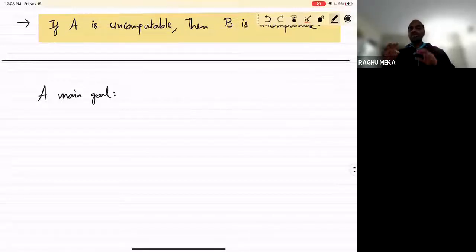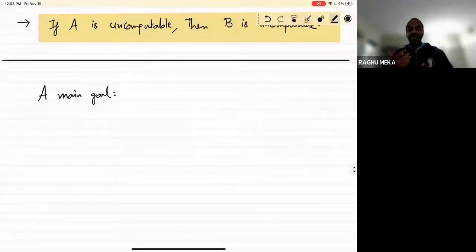In some areas, your goal is just to write down the program. I want to solve this computational problem. Can you come up with an algorithm for it? But in some areas, your goal is always meta. I want to design a compiler. I want to design a better compiler. I want to design a better scheduler. I want to do some real-time allocation of my architectural resources, all those things, right?